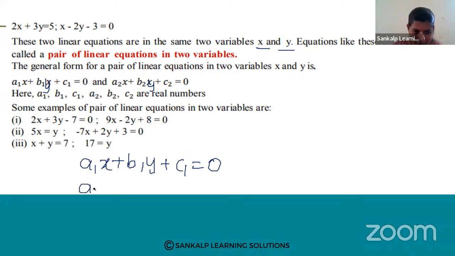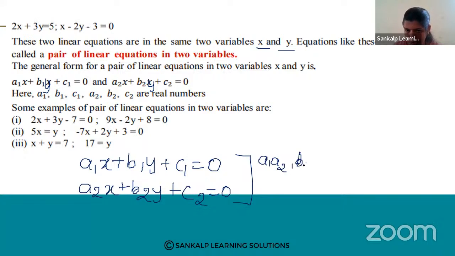In the next equation, a2x plus b2y plus c2 equal to 0. So this is the general form of a pair of linear equations, where a1, a2, b1, b2 and c1, c2 are real numbers.